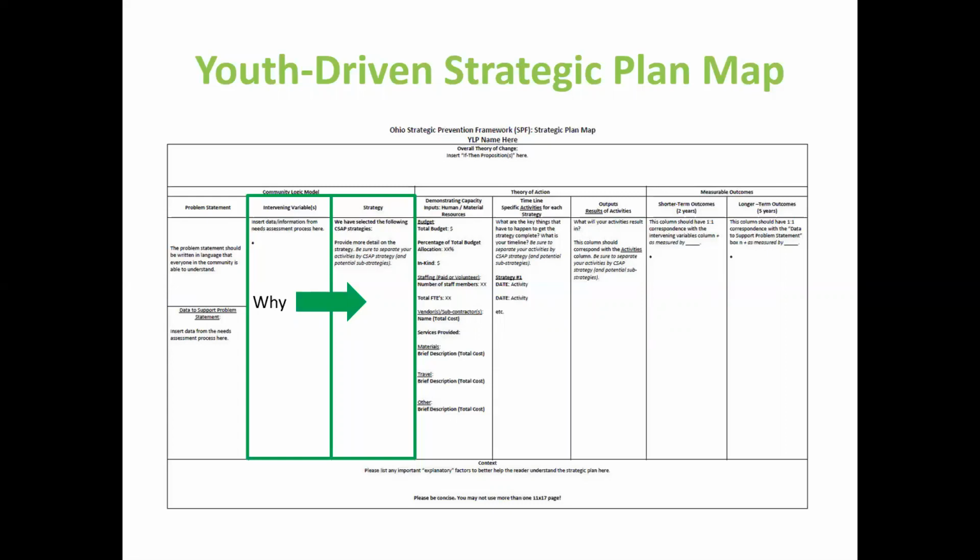Once you've documented your intervening variables on the strategic plan map, it is time to move on to that third step of selecting and implementing evidence-based strategies. As we see depicted here, it is the intervening variables that drive decision-making for the evidence-based strategies. This is when it's particularly important to remain focused and not fall into the common trap of going back to your problem of practice to select the strategy.